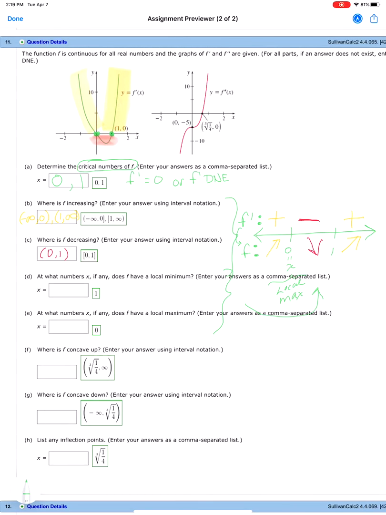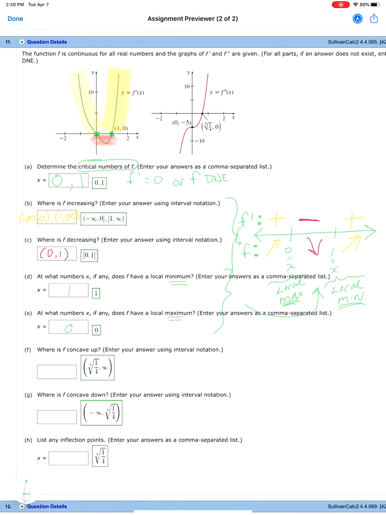If we change from decreasing to increasing, x equals 1 is going to be the location of a local min. So we have a local min at x equals 1. We have a local max at x equals 0.